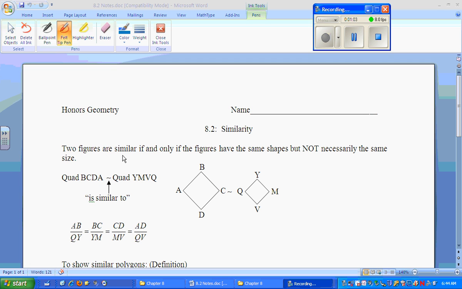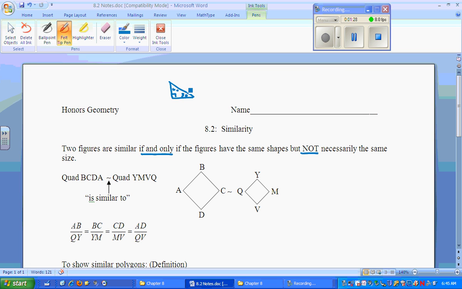8.2 similarity. Two figures are similar if and only if the figures have the same shape but not necessarily the same size. So I'm thinking of a triangle. You think of a triangle. Your triangle has a 90-degree angle, a 30-degree angle, and a 60-degree angle.